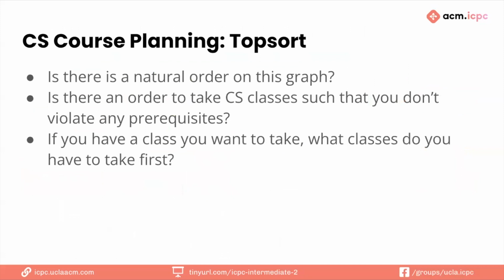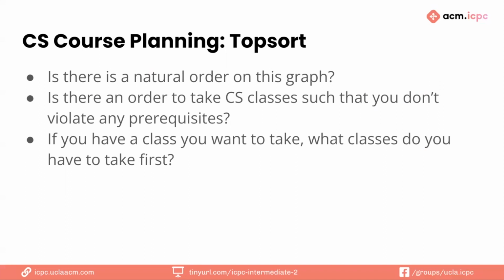So let's just follow this set of questions to bring more clarity about that graph. Is there a natural order to this graph? Well, yes. As Arnold said, basically we want to find a way to sort or order these classes so that we do not violate any prerequisite requirements. Is there an order to take classes that you don't violate? Right.